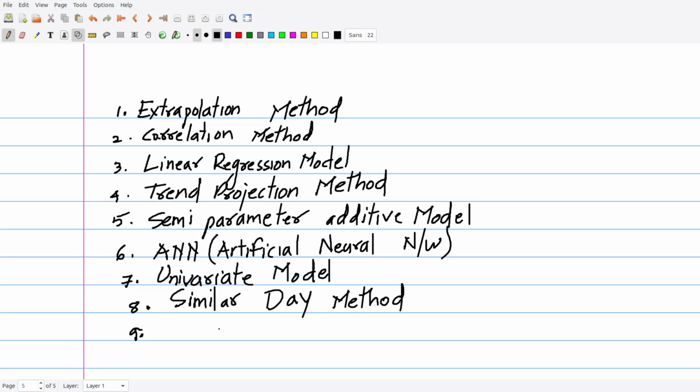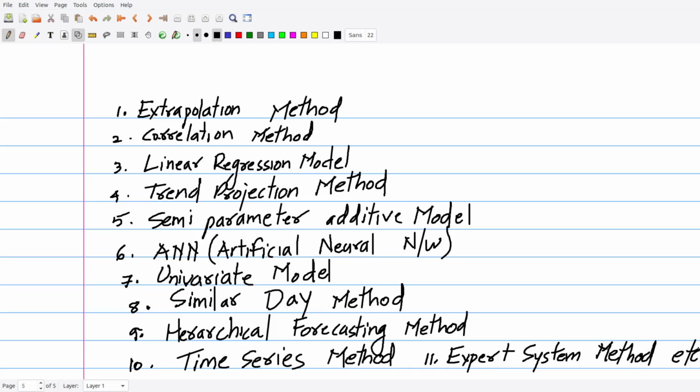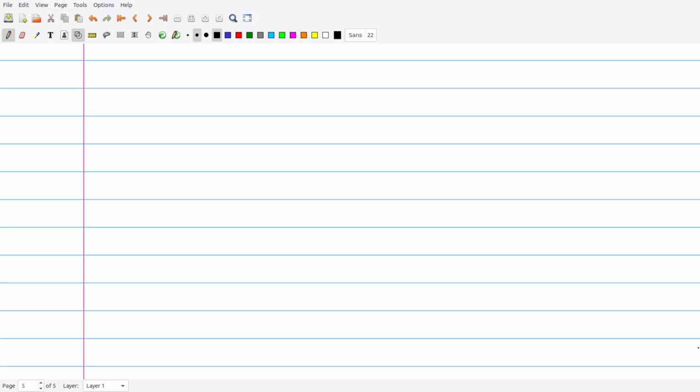Then hierarchical forecasting method. And 10th one is time series method, a very popular method in data science nowadays. And last one is expert system method. There are many, I can write etc. again for all these methods. Out of these we are going to see very few.